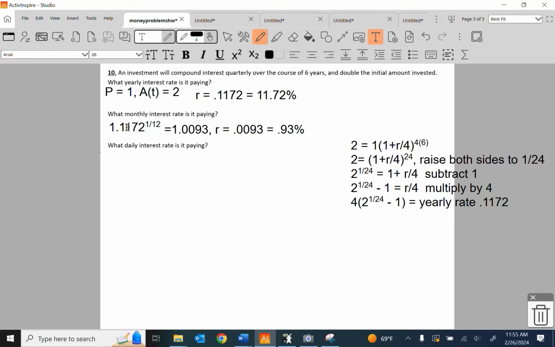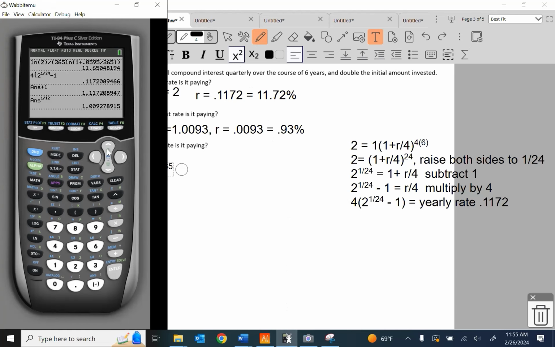Daily interest rate is going to be just like I did the second part. I'm just going to use an exponent of 1/365, because we just assume there's 365 days in a year. We don't worry about leap year. So notice I'm using a calculator.